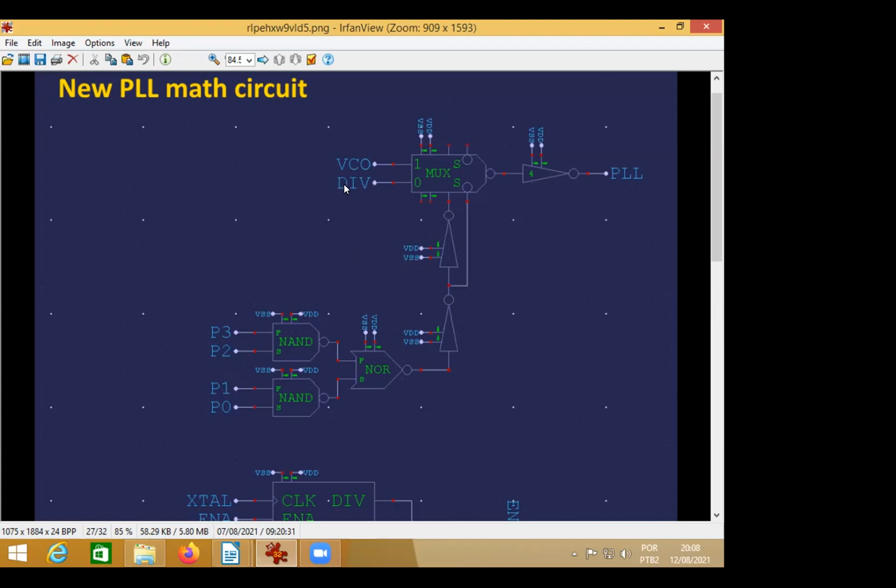And then we switch the VCO signal into the middle, not the first, not the last. Any one from the middle, we don't need 4, we can use 3. Any one from the middle will receive the VCO signal.